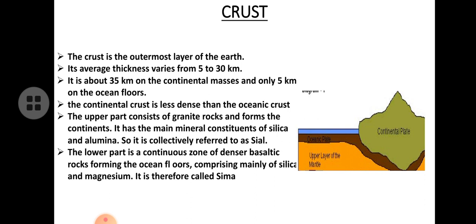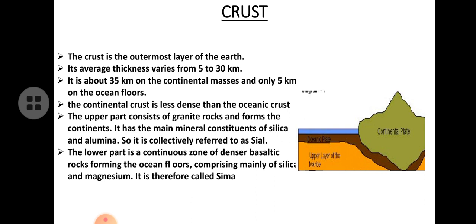So there are some differences between the continental crust and the oceanic crust. The continental crust is less dense, that is, thinner than the oceanic crust. The oceanic crust is thicker and more dense than our continental crust, because the oceanic crust is made up of dense, very strong rocks.